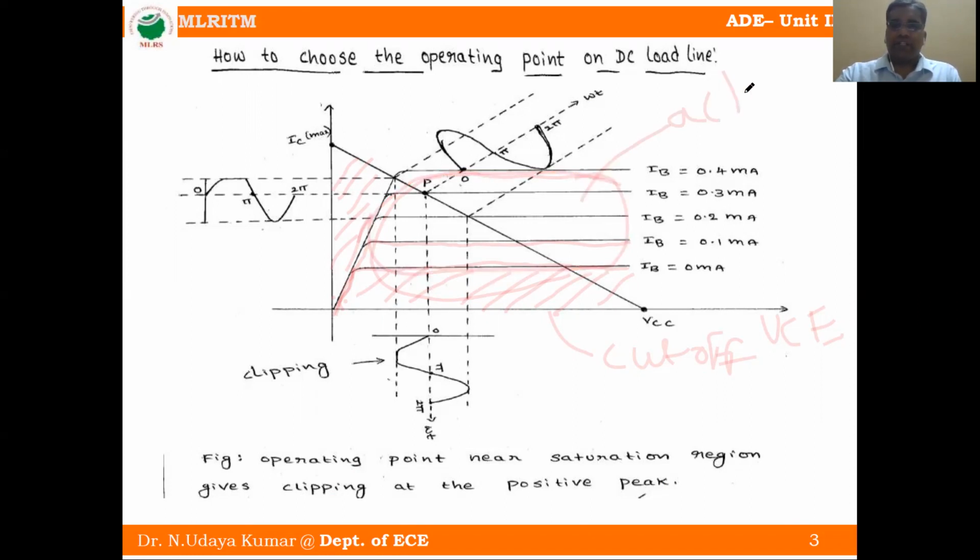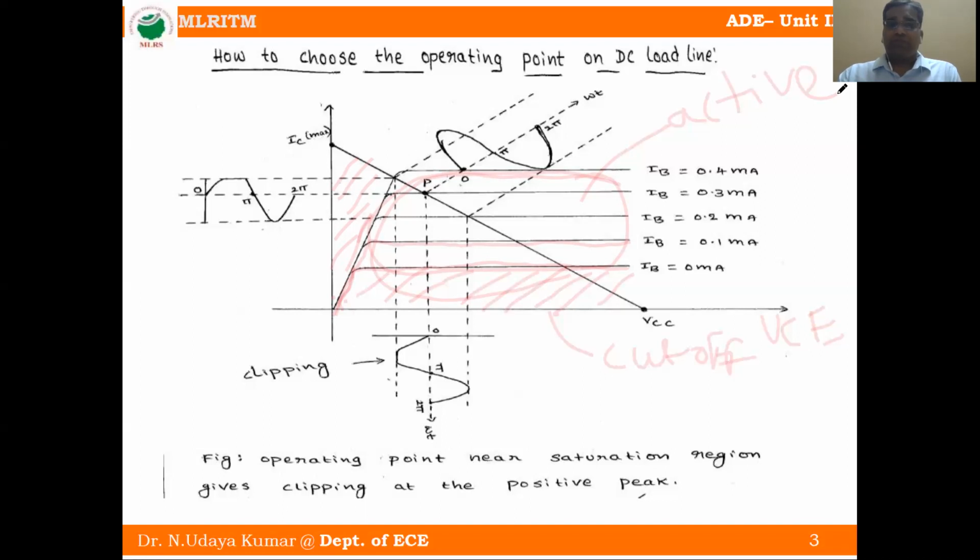In the active region, the transistor is used as an amplifier, because the first junction is forward biased and the second junction is reverse biased. These are the different modes of transistor operation. The operating point is always fixed in the active region only.